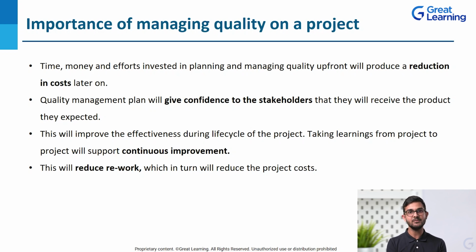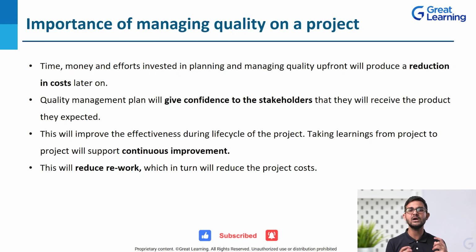But if you don't have a plan, we will be completely lost. We will have no idea. We will know that these are the desired positions where we want to reach. This is the objective that we want to achieve. But how? That question will never be answered in case we don't have a proper plan for quality. So having a proper quality management plan is extremely important.